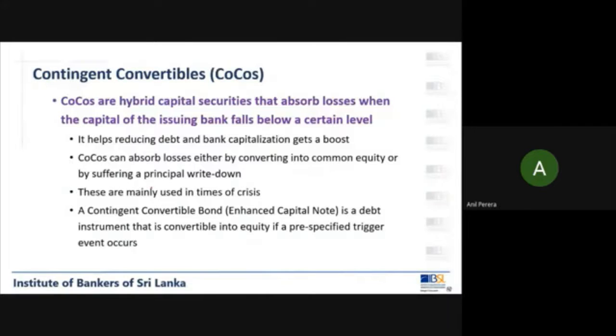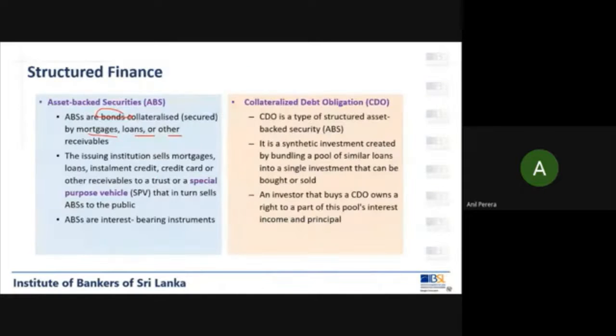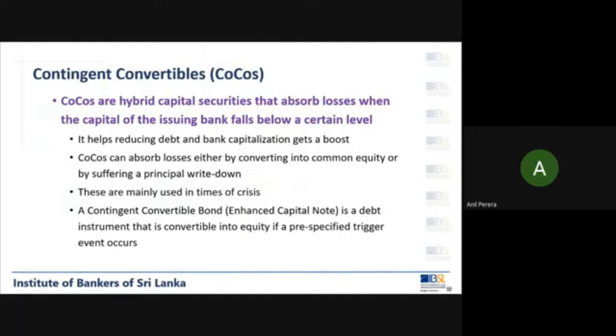These contingent convertibles were also used especially during the global financial crisis to minimize the risk, right? They are also used in a crisis period, mainly if there is a failure of a bank, right? These are used to reduce the debt and to capitalize the bank.